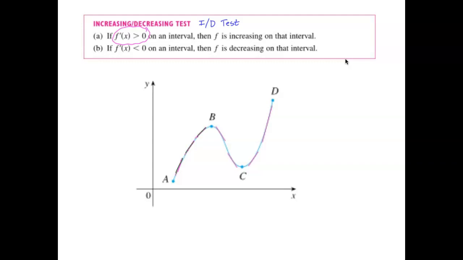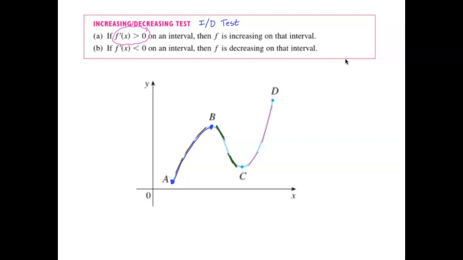Notice what the curve is doing. It's doing what we call increasing, right? Which means as we move to the right on the x-axis, it goes up. The opposite, if f prime is less than 0 on an interval, then the original function is decreasing. So slopes that are negative are going down towards the right, like this.